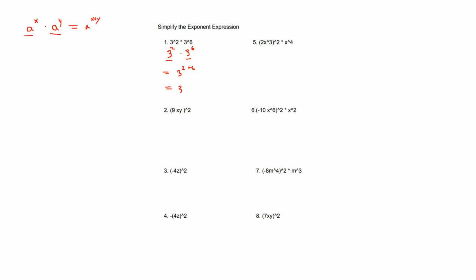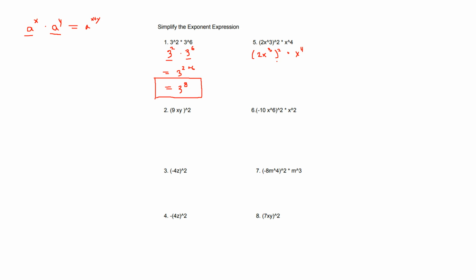And that's just 3 to the power of 8. Just be careful, it has to be the same base. We could do number 5. This one, it's just 2 times x cubed to the power of 2 times x to the power of 4.